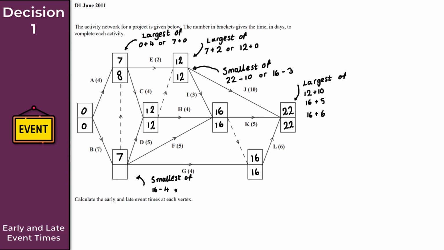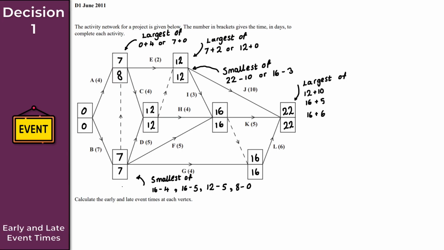I've got 16 minus 5. I've got 12 minus 5. And then finally here, 8 minus 0. Well, clearly the smallest option there would be 12 minus 5, right? Which is 7. So we input 7 there, like so.